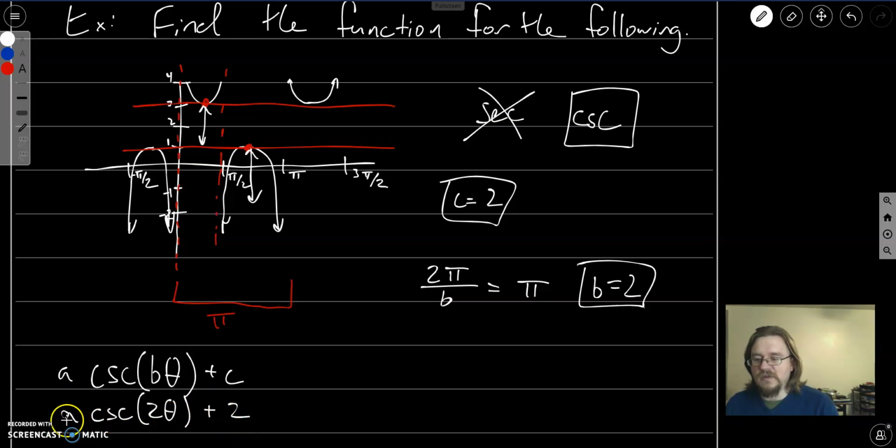But then what about a here? And again, if I were to scoot this down by 2, we would have an exact copy of the cosecant function. So we haven't scaled this up or down at all. There's no stretching in here. So a is going to be 1, and our function is the cosecant of 2 theta plus 2.